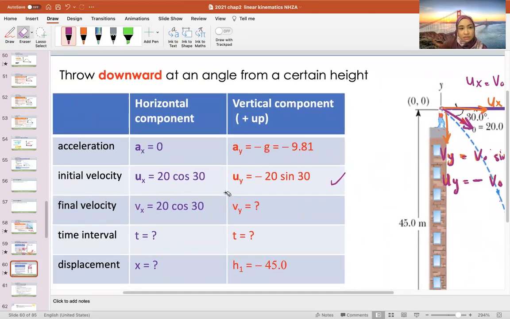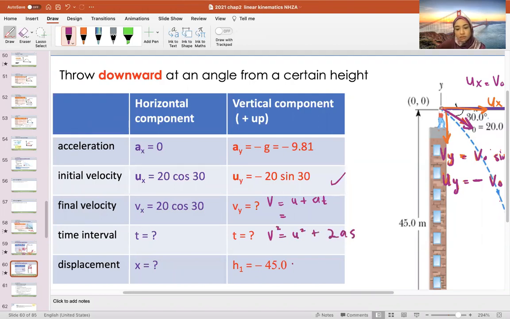Final velocity is the same, v equals u plus at. Time interval, we can find it, and displacement x. Basically, the rest should be straightforward. Let me just do it quickly. v equals u plus at. We want to know what is the v, but we don't know the time, so we leave it first. v squared equals u squared plus 2as.